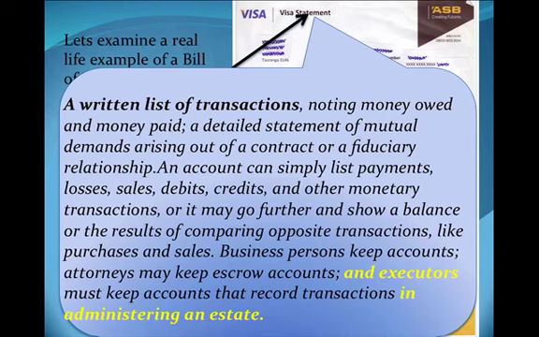An account can simply list payments, losses, sales, debits, credits, and other monetary transactions, or it may go further and show a balance or the results of comparing opposite transactions like purchases and sales. Business persons keep accounts. Attorneys may keep escrow accounts, and now this is what we want, and executors must keep accounts that record transactions in administering an estate.